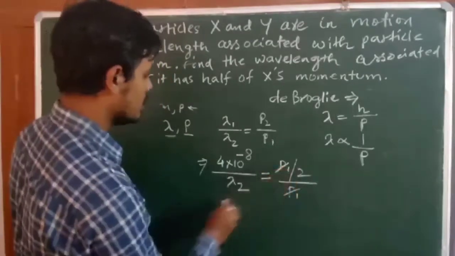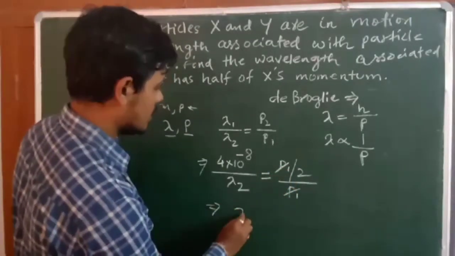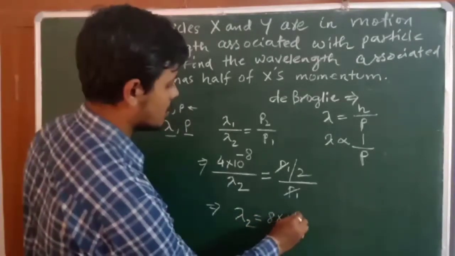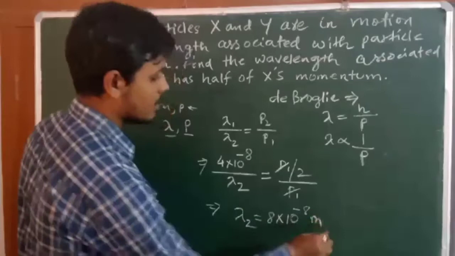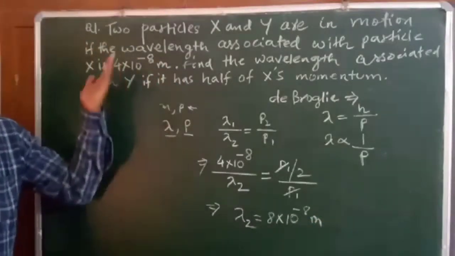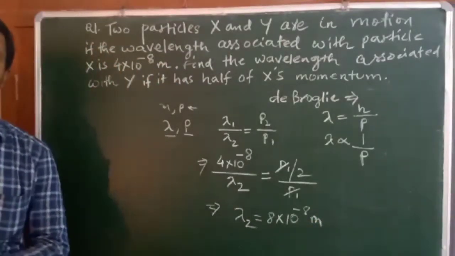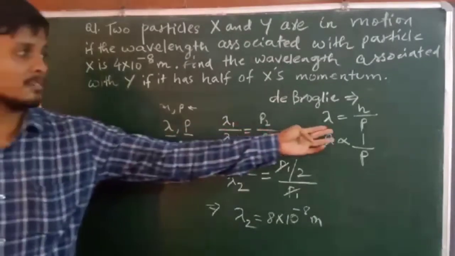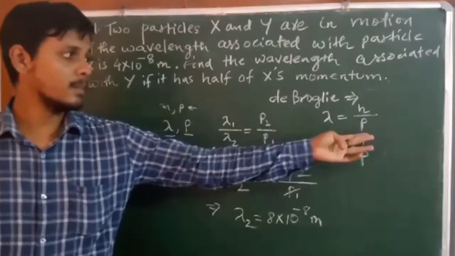So p1 cancels. We get λ2 = 8 × 10^-8 meter. So this is a simple problem related to de Broglie's relation, which relates wave character and particle character.